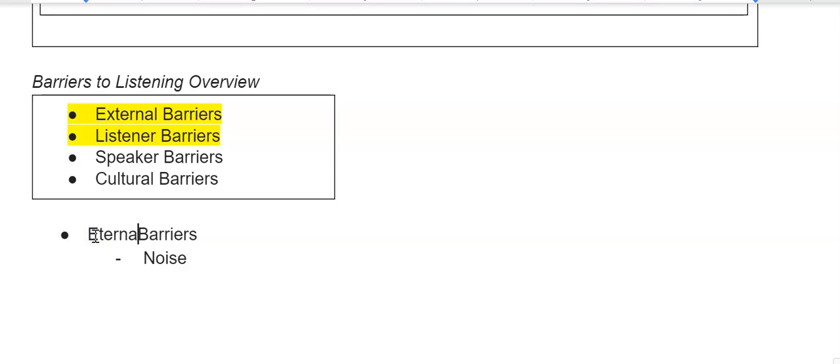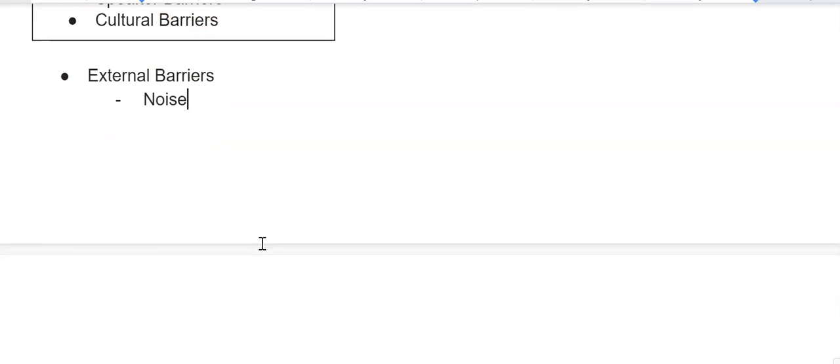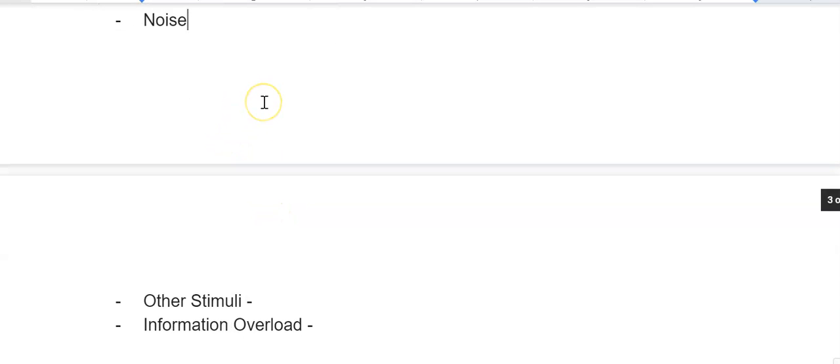The first one, external barriers. What are some examples of external barriers that will affect listening? Well, we have talked about noise before, and it could be any sound or anything that interrupts a message. That was based on chapter 1 and chapter 2.